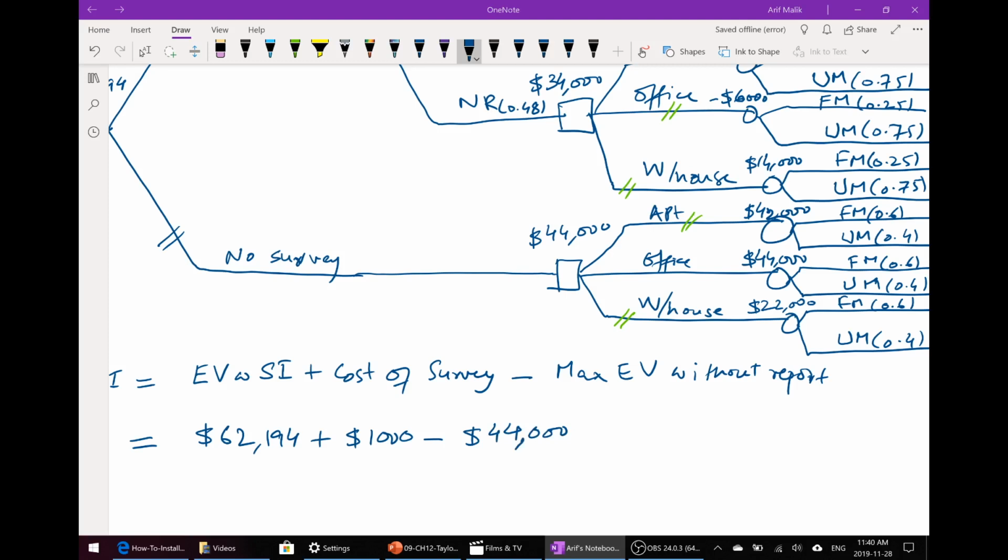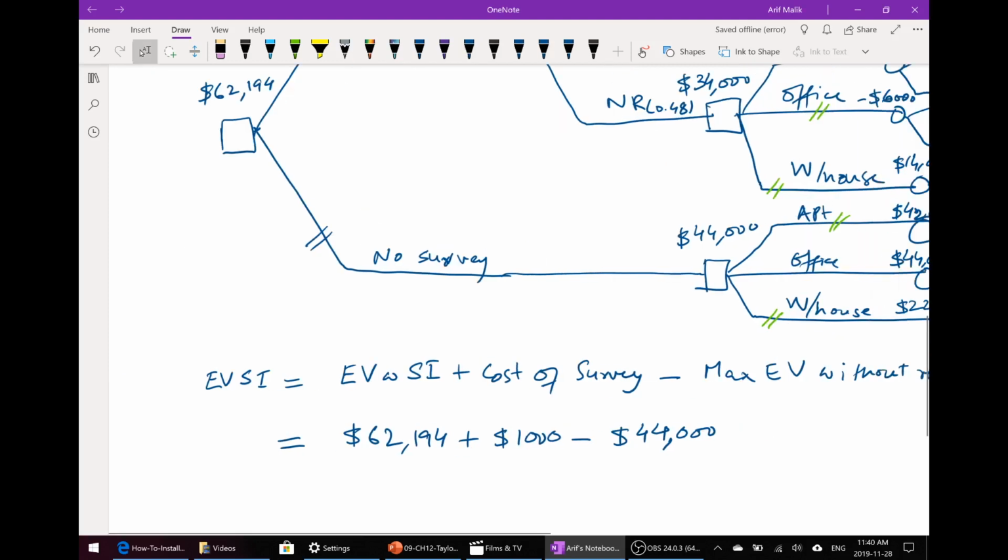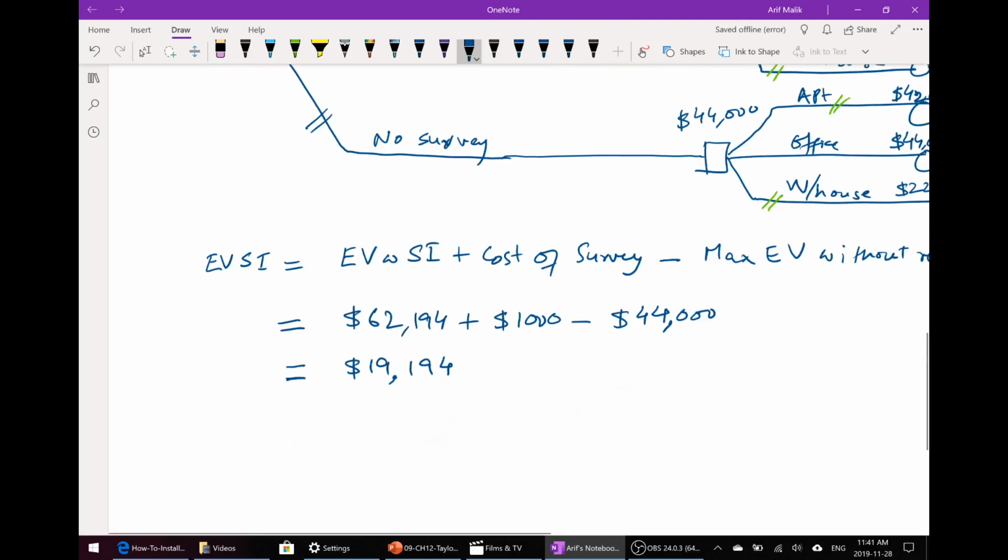So the expected value of survey information is then equal to $19,194. This is the expected value of survey information.